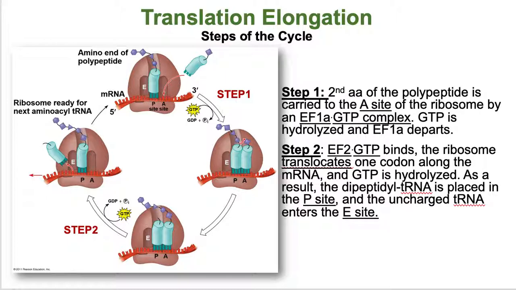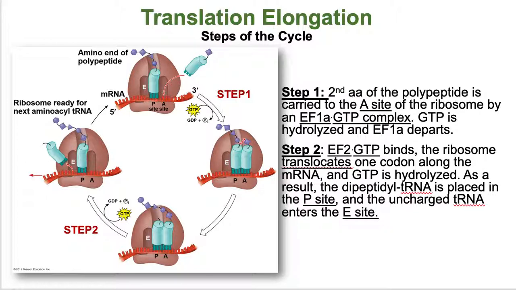Once everything is assembled properly, it hydrolyzes GTP and licenses that tRNA to be there. Everything has to be the right tRNA for the right codon. It says, okay, this is the right one. We release through GTP hydrolysis, making sure everything's correct. Now you can have the peptide bond formed between the methionine and the new amino acid, the second amino acid being added.